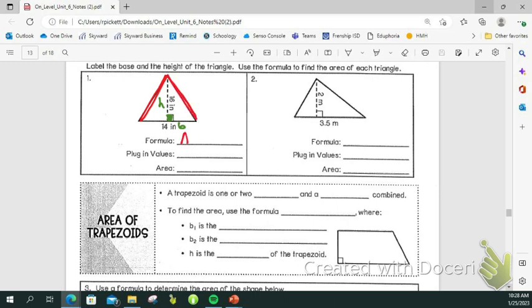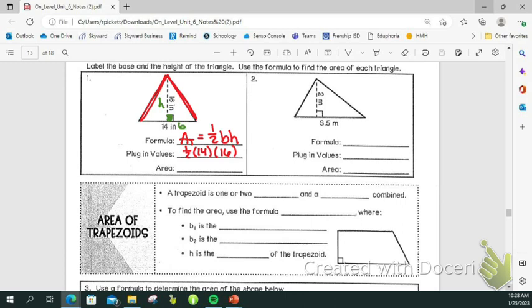Remember that our formula for area of a triangle is 1/2 base times height. So when we plug in our values, we've got 1/2 times the base, which we said was 14, times the height, which is 16. So now we're going to multiply our base times height.